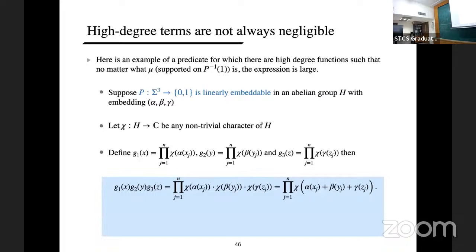And you just get 1 here if you evaluate it, where each column you sample from P inverse 1. So this is one reason why this expectation can be large if P is linearly embeddable, and the stability result says that this is the only case. So the function G has to look like this linear function, times a low degree function, because even low degree functions have this property.